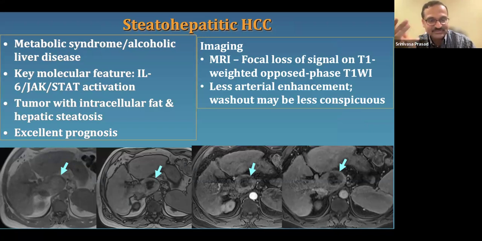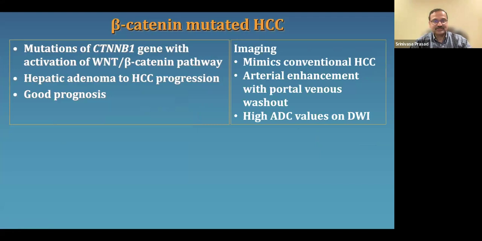Here is one example: a fat-containing steatohepatic hepatocellular carcinoma. We can either have focal or diffuse loss of signal on in and opposed phase images, and it shows a kind of heterogeneous contrast enhancement on post contrast images.